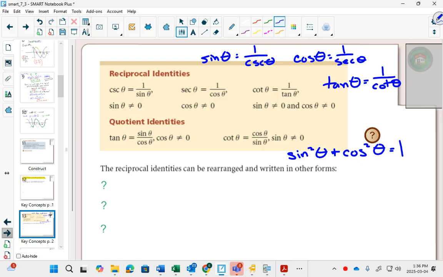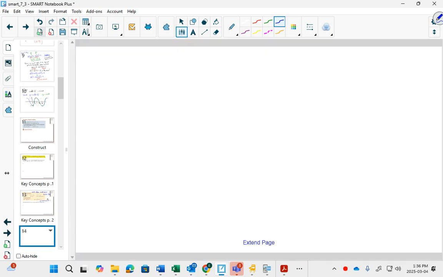And the way that a proof works, it has some very particular aspects to it. So on your loose leaf, first of all, you're going to rewrite the question. Cos t secant t equals 1.